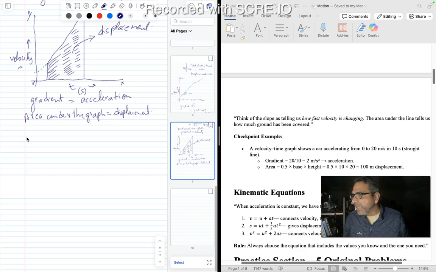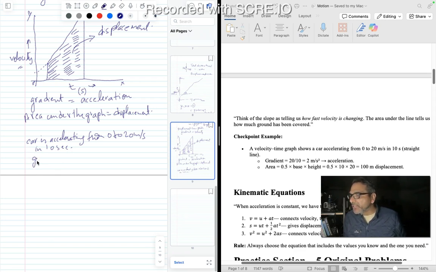It says in a velocity-time graph, a car is accelerating from 0 to 20 meters per second in 10 seconds. So we can say what the gradient will be.